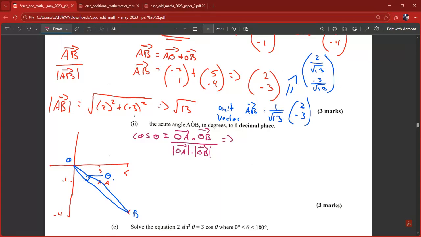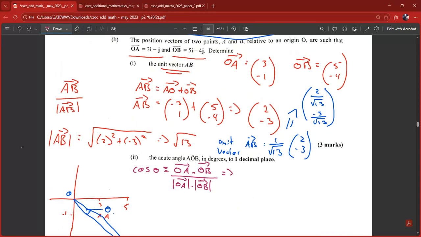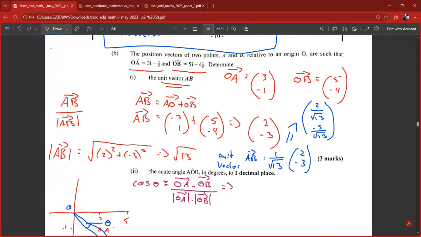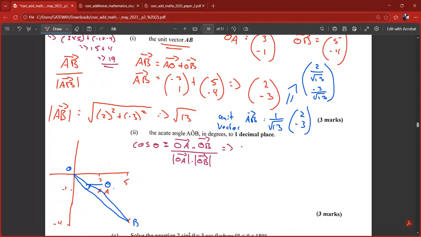Now the product of this will be, we'll put that there. So OA is (3, -1), OB is (5, -4). So the product will be 3 by 5 plus negative 1 by negative 4, which is 15 plus 4, which is basically 19. So that's the product of OA and OB is 19.